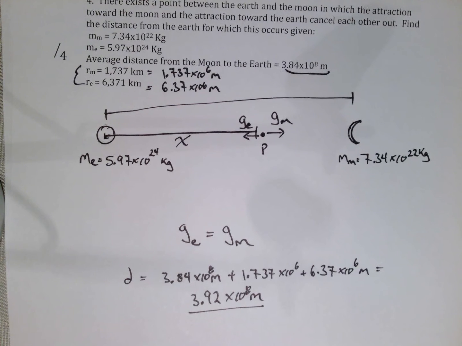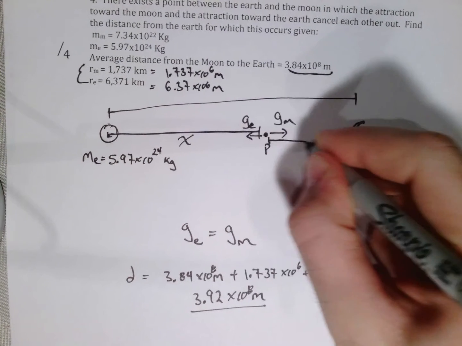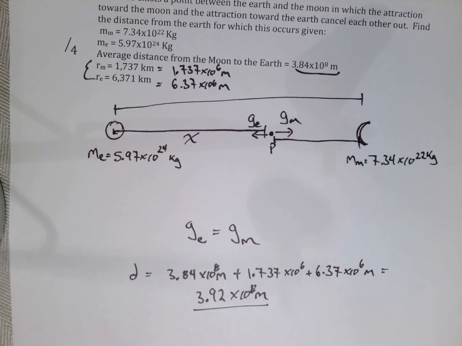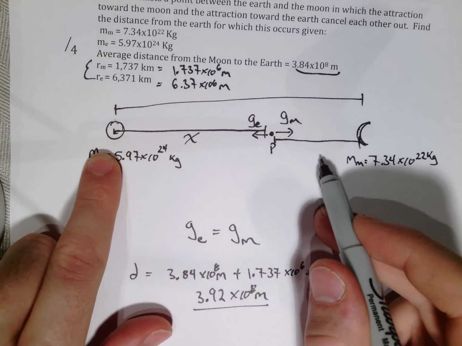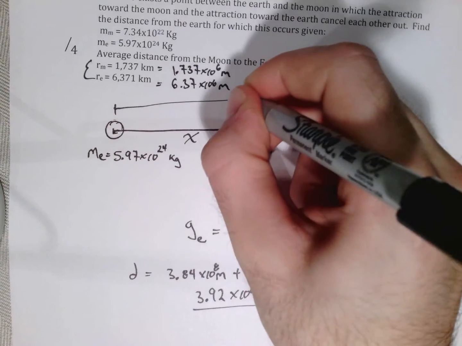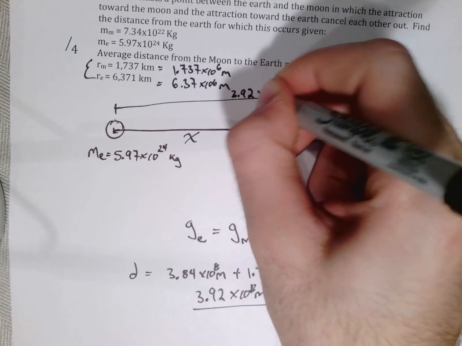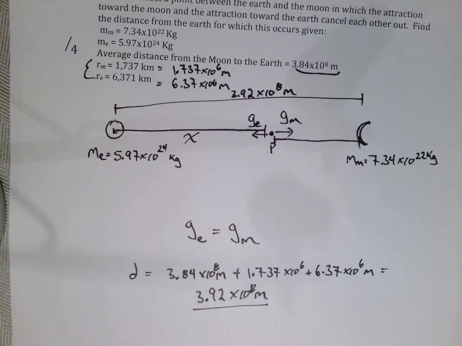So now we've got the point there, that's what we're trying to find. How are we going to describe this distance here? The other side. Well, together, x plus this other distance is equal to my total distance, which we said was 3.92 times 10 to the 8 meters.